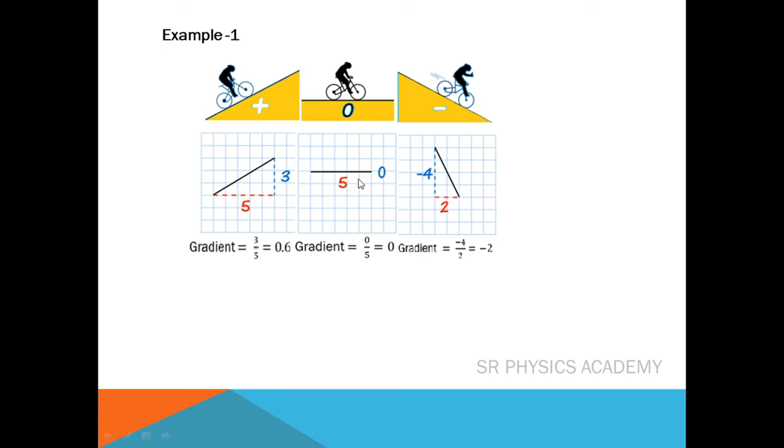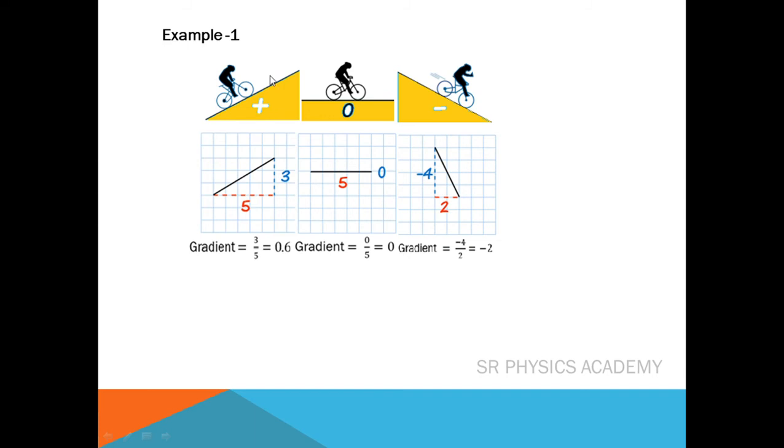The gradient means the change in height by the change in horizontal distance. In this part the line is less steep, so the gradient is small. If it is more steep, the gradient is more.